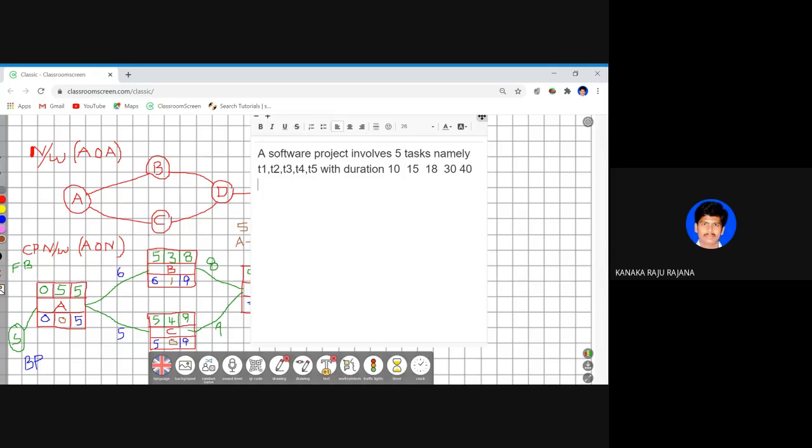Now the question is, T2 and T4 can start only after T1 completes.